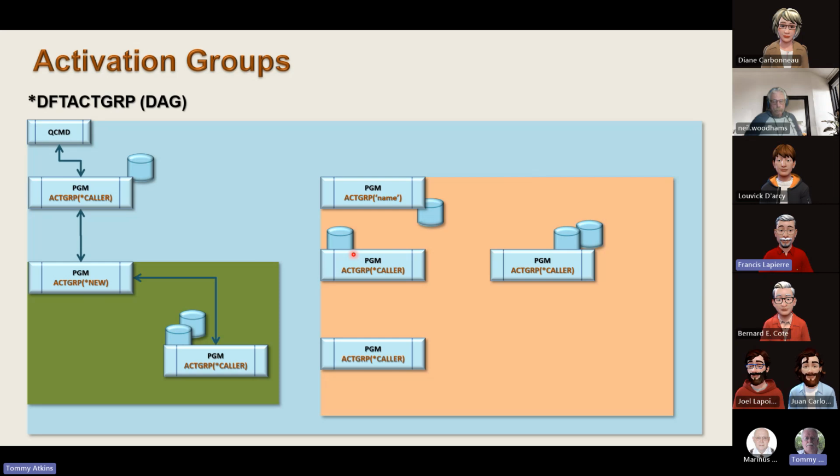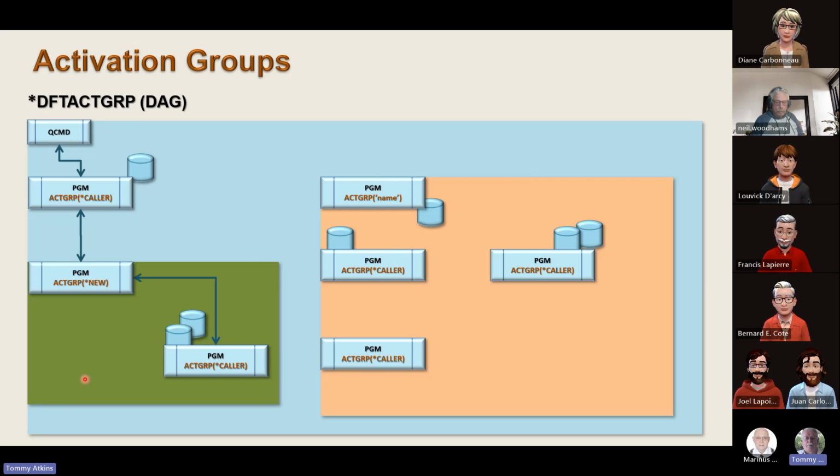Should we call a program twice, with the first one in an activation group with a name? Yes, it's possible. And if they're in different activation groups, if you've got one in a named activation group and one in a system activation group, or even if you have the same call in another named activation group, it will appear twice.